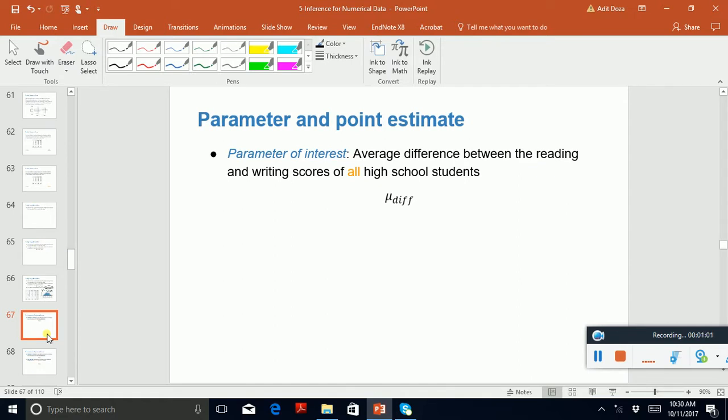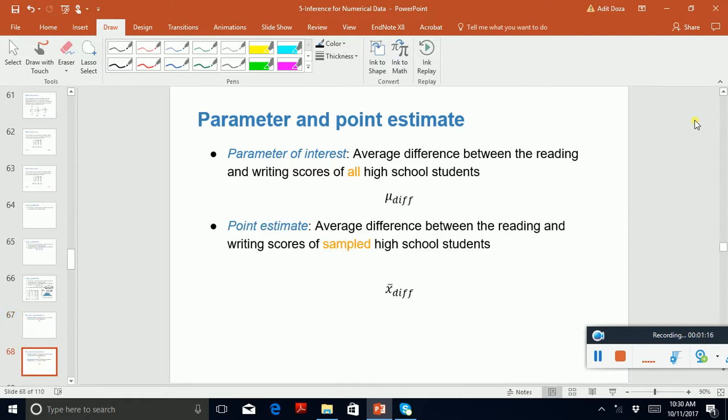So now let's talk about the parameter and point estimate. What's the parameter of interest here? Here it's the average difference between the reading and writing score of all high school students. And what's the point estimate? It's the average difference between the reading and the writing scores of sampled high school students.